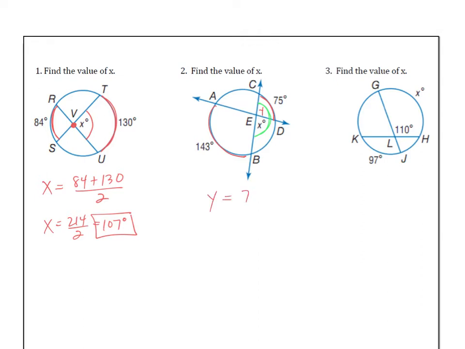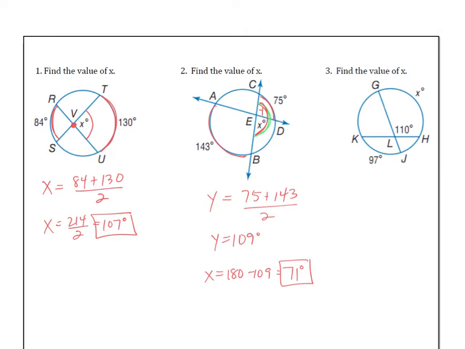Y is going to equal 75 plus 143 divided by 2. So let me type that in quick. 75 plus 143 equals, and then divide by 2. I get 109. So y equals 109 degrees, but y and x together should add up to 180. So to get x, we're going to do 180 minus 109, which is 71 degrees.